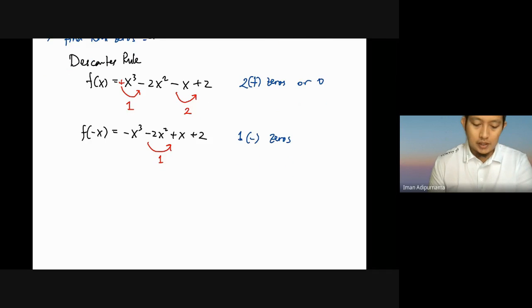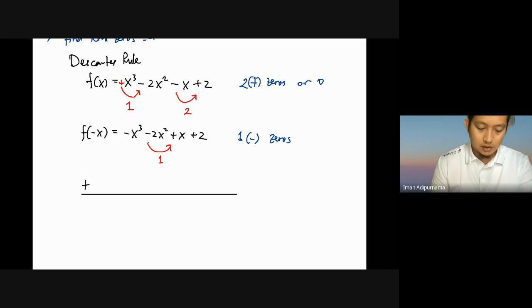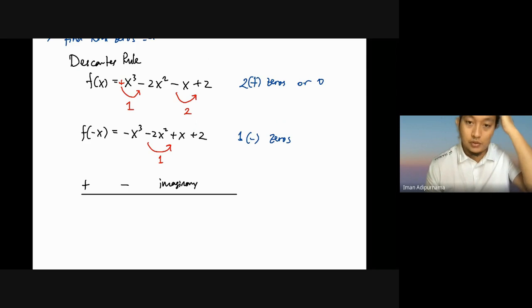Like I said before, you can make a table, make it more clean, like positive, negative, imaginary. Remember, imaginary zeros can be a possibility too, and then the total. Because it's a polynomial of degree 3, the total should be 3.